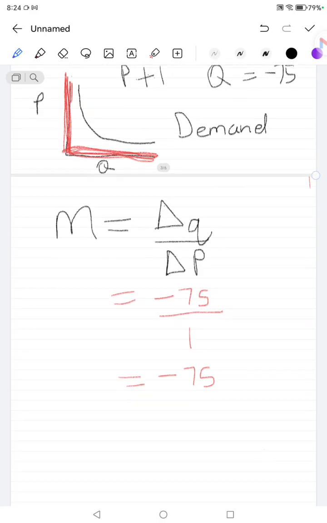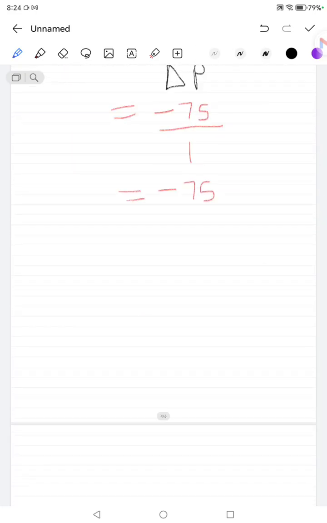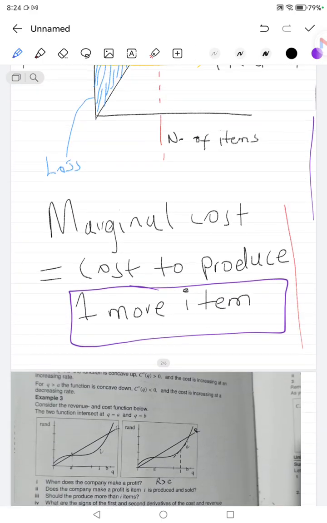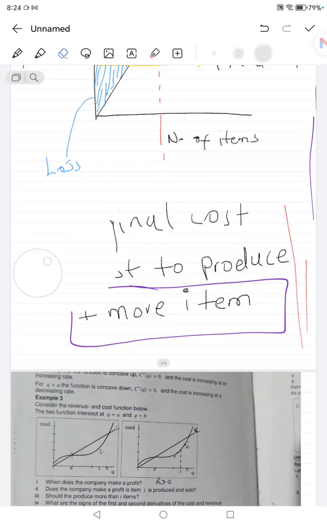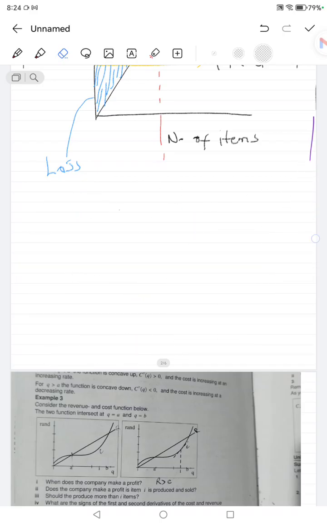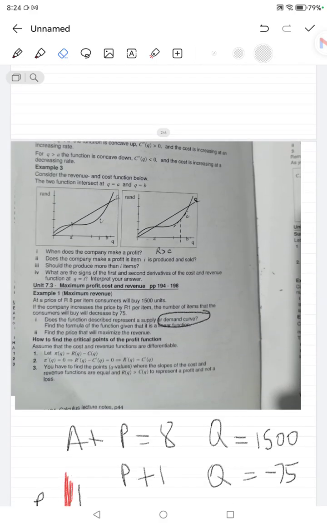The second way, which I think is going to be easier for everyone, is that we interpret this as points. Let me erase this one here, but whichever way you understand, you can use it. We have P and Q. Let's call them P1 and Q1. The first price would be 8, then your Q would be 1,500.